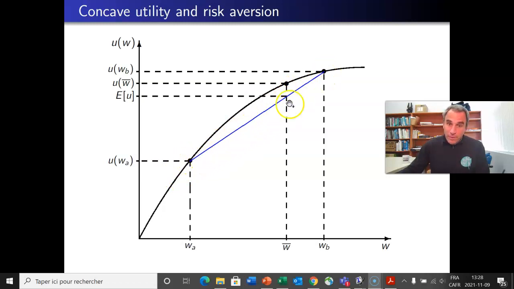Well, the blue line will cross this dotted line here, right at the point where utility is expected utility. And now we've just shown that the utility of expected wealth is larger than the expected utility. So utility of expected wealth is higher than expected utility.